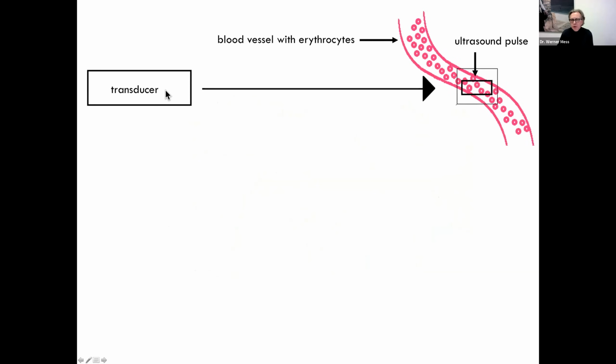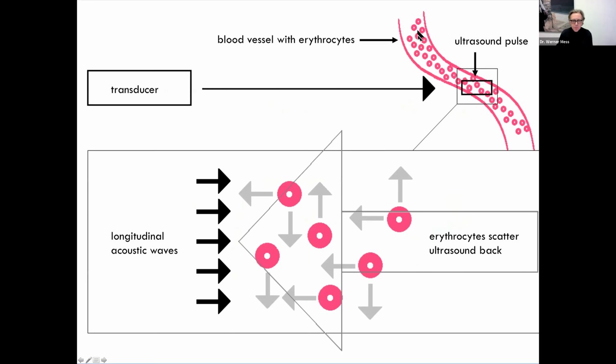We have the transducer here. The ultrasound pulses leave the transducer and meet here the erythrocytes, which are flowing in this vessel. The vessel is going from here to there. So I will enlarge this. And here you have the ultrasound waves once again, huge waves, 0.7 millimeter is the wavelength. And they meet the erythrocytes, only 7 micrometer large.